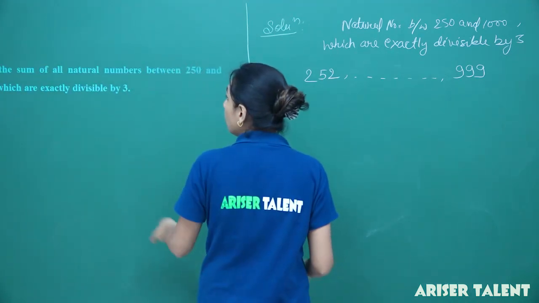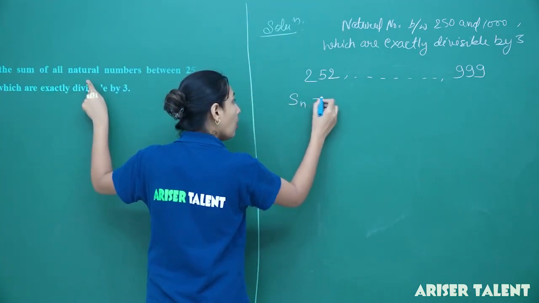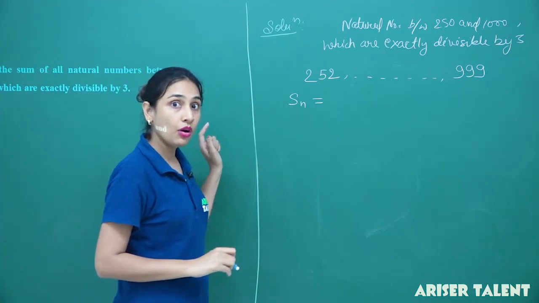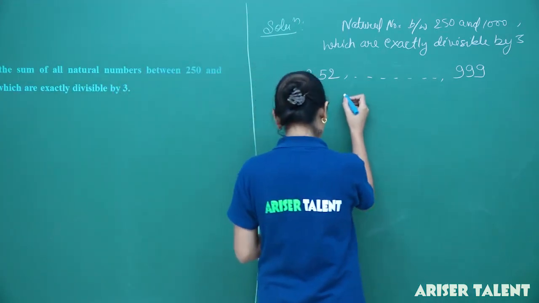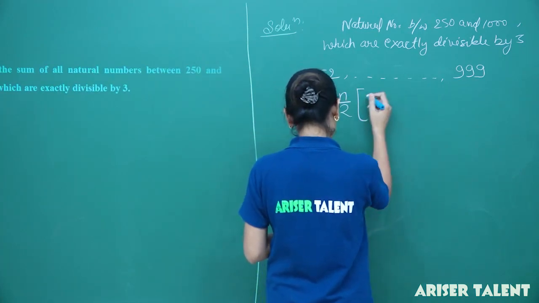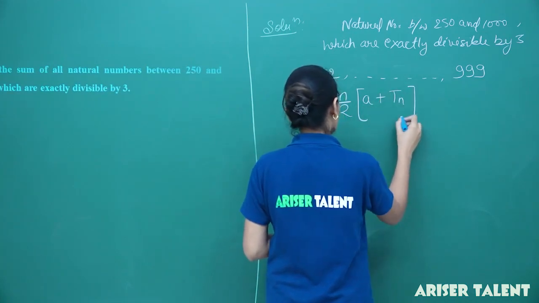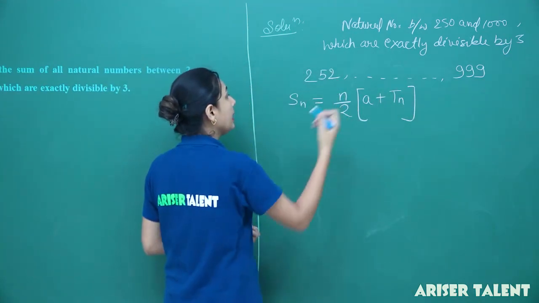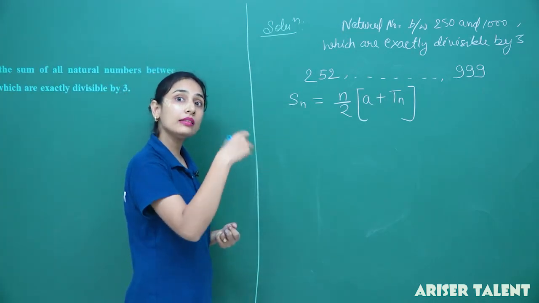So we have to find the sum of this series. Now the sum Sn equals what? You know by our formula, the formula for this is n by 2 times a plus Tn, where Tn is our last term.